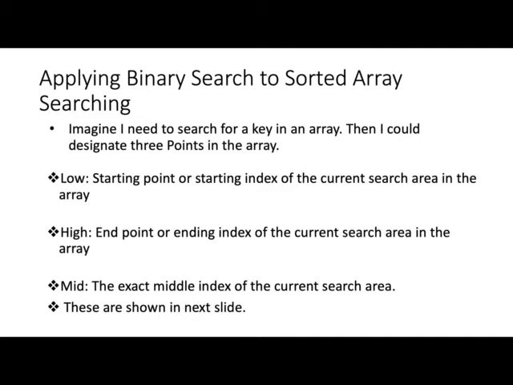Okay, so now I'm going to show you a slide with an array which is sorted, and I'm looking for a number in that. And first I'm just going to show you schematically, and then I'm going to show you the algorithm and walk the algorithm through that picture.